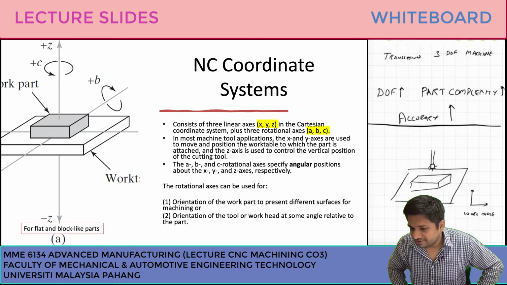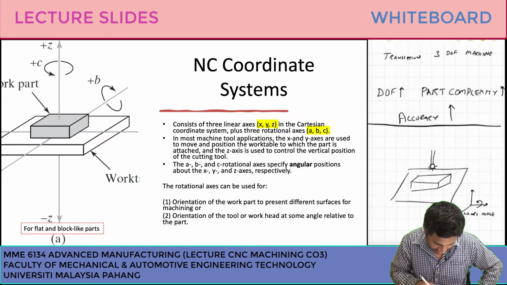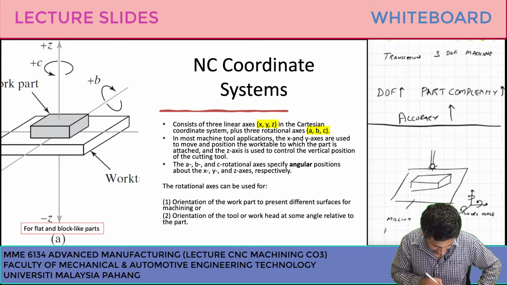Furthermore, we can have rotational directions as well, such as A, B, and C within the same system. Usually this is used in high degree of freedom milling or CNC milling.